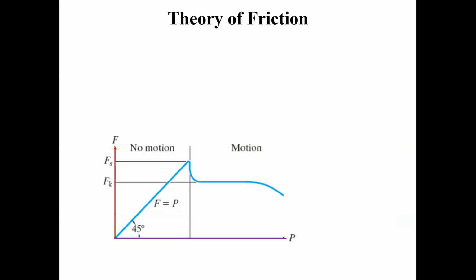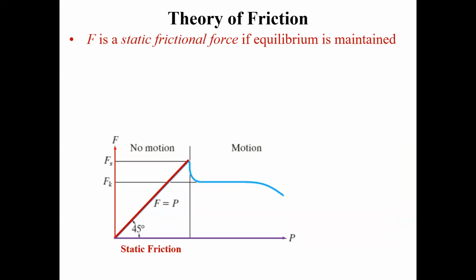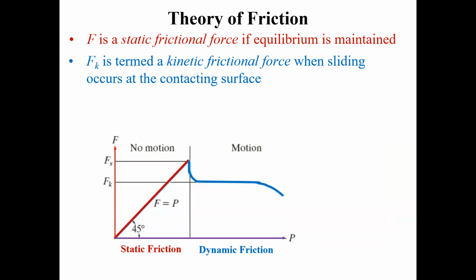I can show you in this graph. As you can see, Fs is the static friction force if equilibrium is maintained. And Fk is termed the kinetic friction force when sliding occurs at the contacting surface. In this graph, we can see in the y direction the frictional force and in the x direction the applied force. It is always proportional.